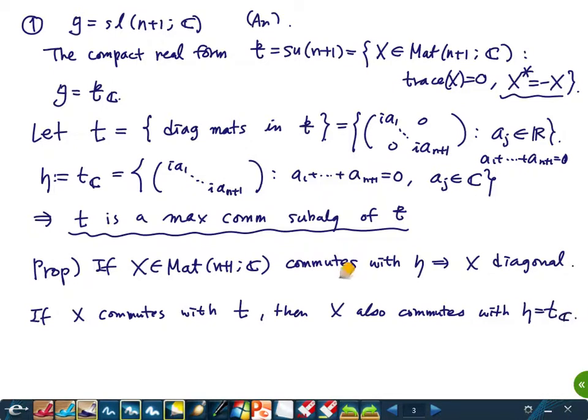But then by the proposition, X is diagonal, right?